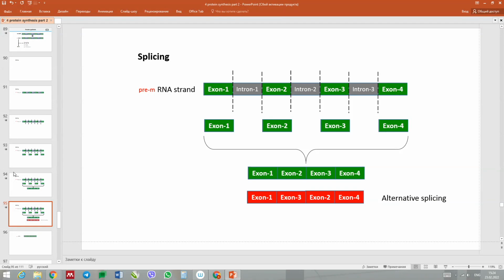This mechanism greatly enhances the information capacity of DNA, because from one gene, from one region of DNA, we may create several different proteins. And this is a trick. With different arrangement of exons, we can create several different proteins with the help of splicing and alternative splicing.